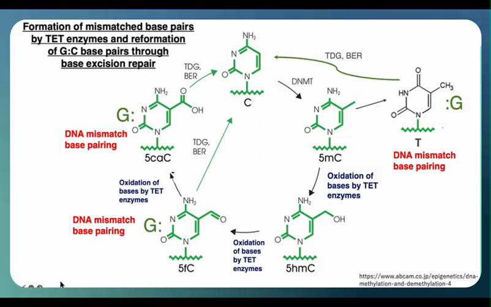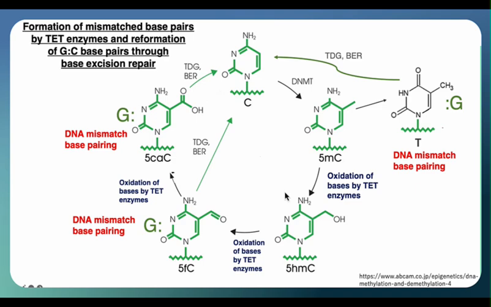This figure summarizes various modifications of cytosine base and the formation of mismatched base pairs. Cytosine is converted to 5-methylcytosine by the maintenance methyltransferase DNMT1. At this point, the base pairing between G with 5-methylcytosine is not considered a mismatch, so 5-methylcytosine is not excised.